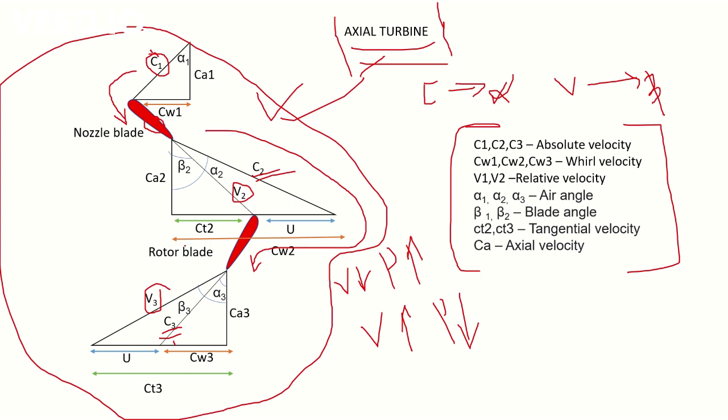Wherever C is there comes the whirl velocity, Cw, and wherever relative velocity is there comes the tangential velocity. This is very easy to understand and very easy to incorporate. So we can move to the next part.